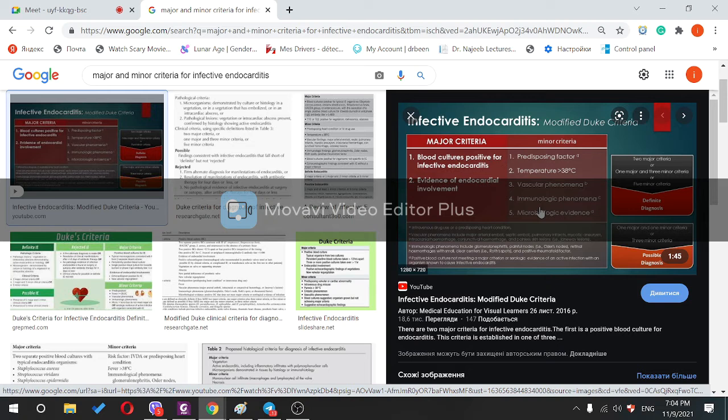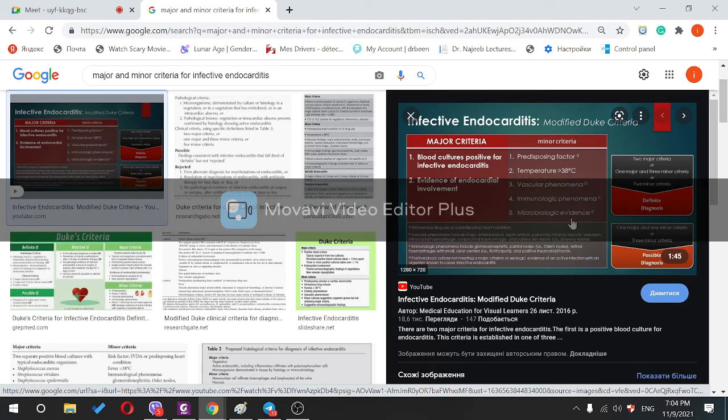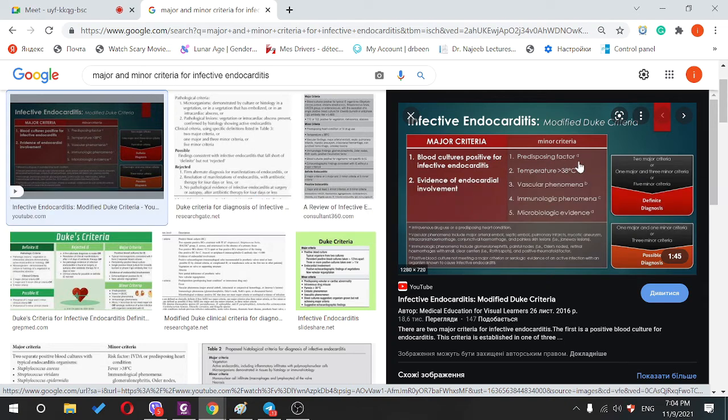This is more a Step 2 type of thing, but I don't know why they are starting to ask this on Step 1. So you must know about it. You don't have to memorize every single one. The major criteria you must memorize, but the minor ones, not really. So first, a predisposing factor, like someone who is an IV drug user or someone who has mitral valve prolapse.